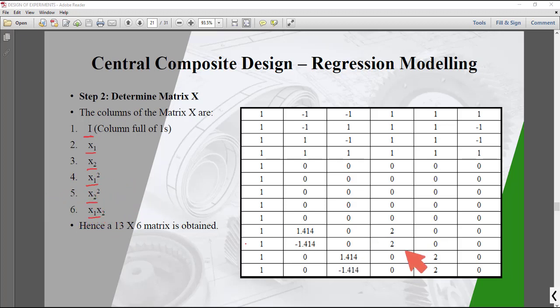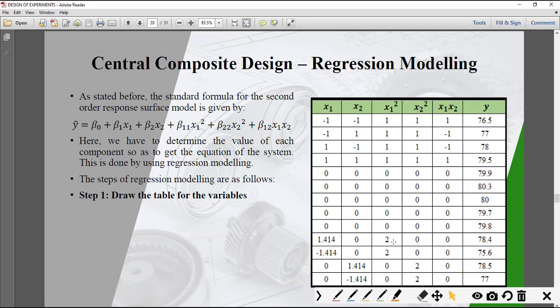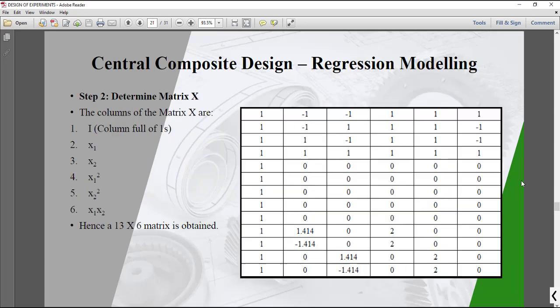The values which we found out over here are the same values which I have copied over there. The additional thing is that I have written 1111 before all these, and I have removed the y column.